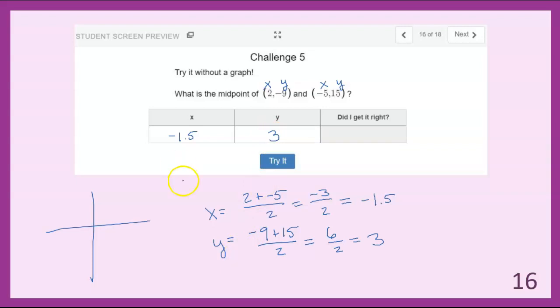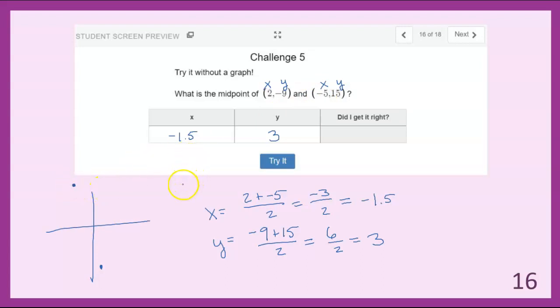Now we could plot these out, and this is especially helpful just for checking our answer to make sure it sort of looks right. So 2, -9, if we did 1, 2, -9 would be somewhere down around here. And then -5, 15, maybe kind of up around this area.